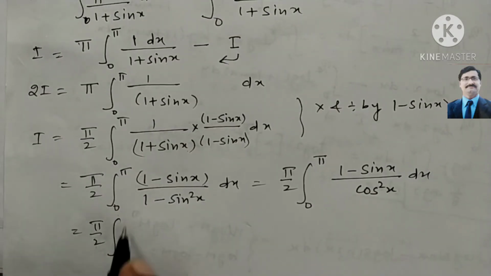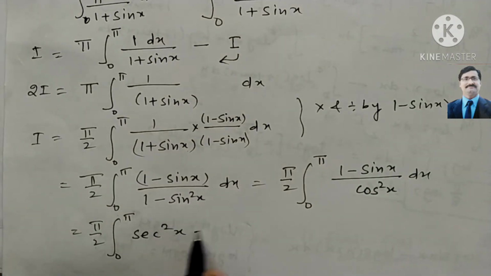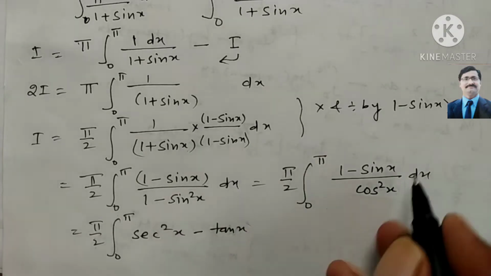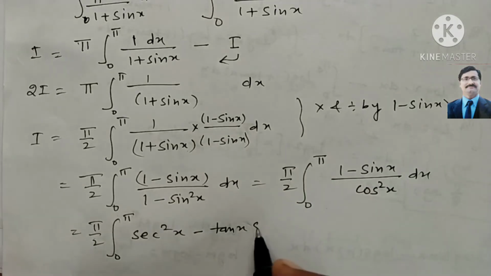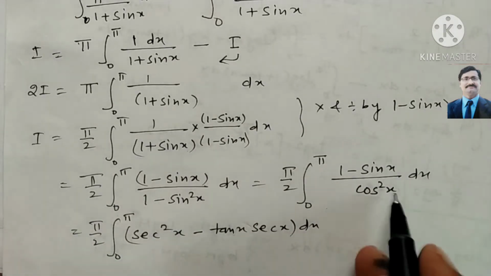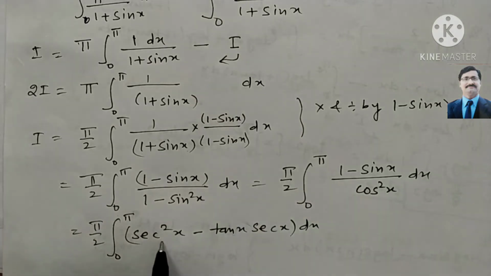We will get 1 upon cos square, which is sec square x, and sin upon cos is tan x, and 1 upon cos is sec x. If you separate, 1 upon cos square is sec square x, sin x upon cos x is tan x, and 1 upon cos is sec x.